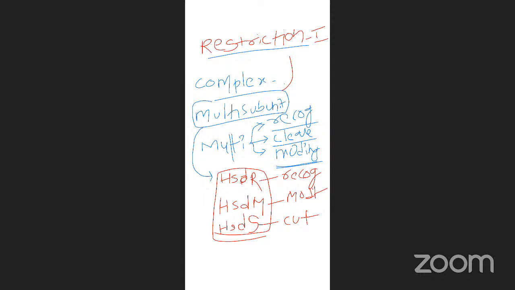Cleavage cuts the DNA about 1,000 base pairs away from the recognition site. The recognition sequence may be 4 to 6 nucleotides, rarely 8.